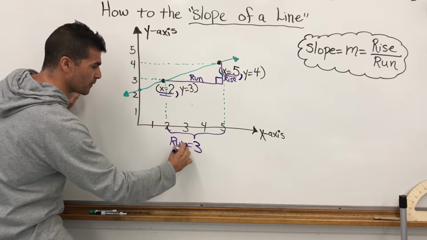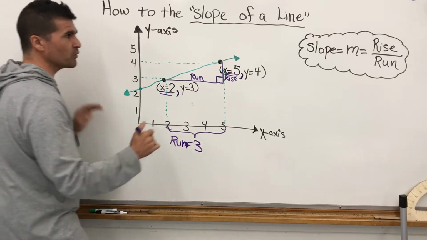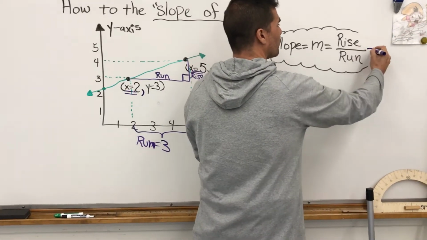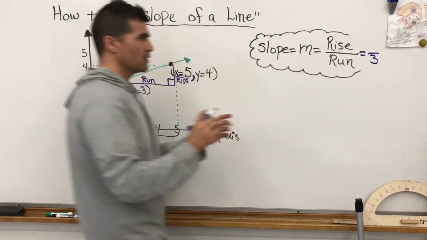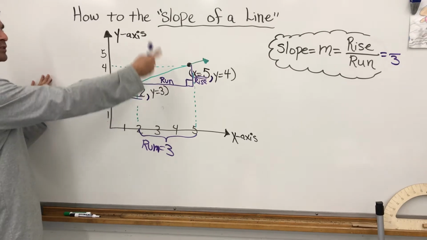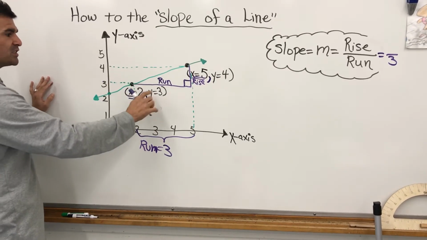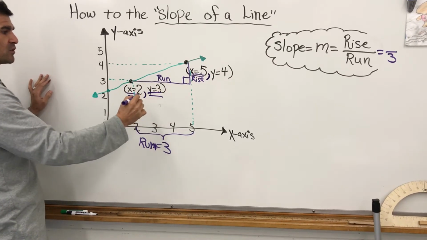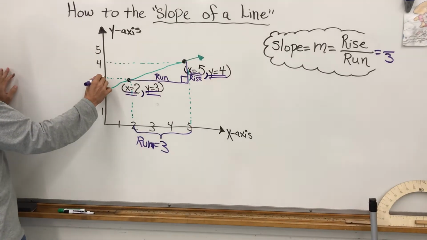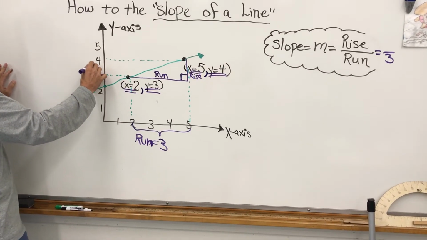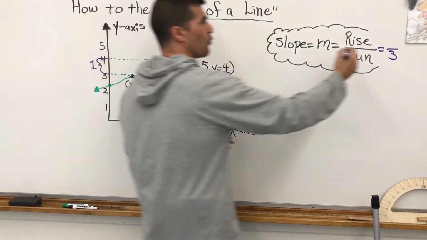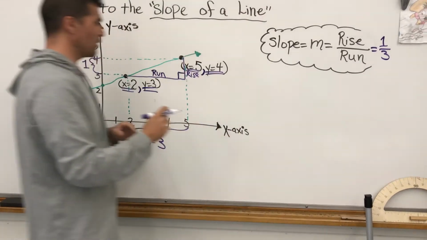So what you run was 3. Let's see what you rise. If this is where y equals 3 and this is where y equals 4, you rose a total of 1. So this is equal to 1.